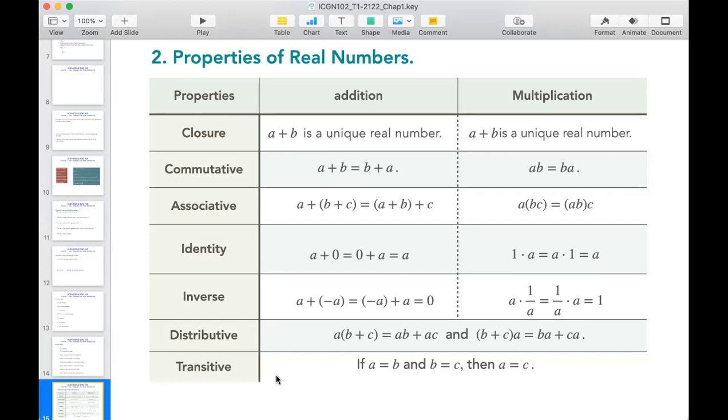This is the inverse. In terms of multiplication, for sure, you cannot divide by 0. So the inverse of multiplication is 1 over that value, except 0. So if you have 9, the multiplicative inverse of 9 is 1 over 9.